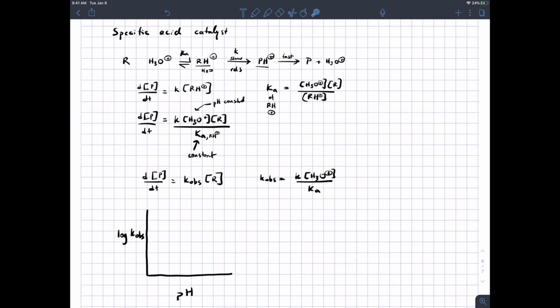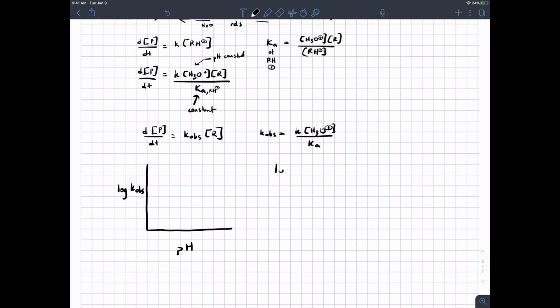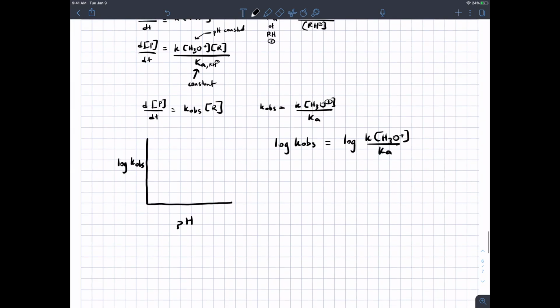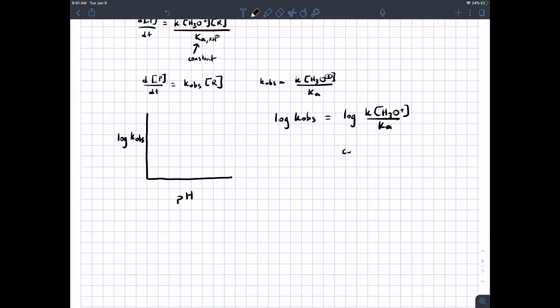Should be linear, right? I mean, if you look at this equation, it's clear that it's linear. And if you take the log of k obs and the log of k times H3O+ divided by Ka, what this really becomes is constant minus pH.